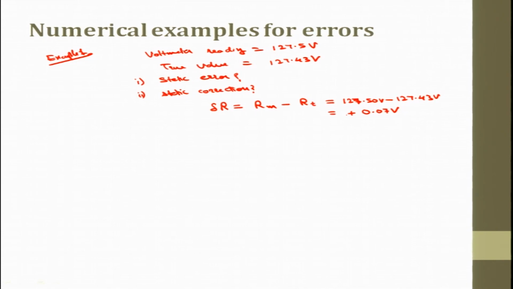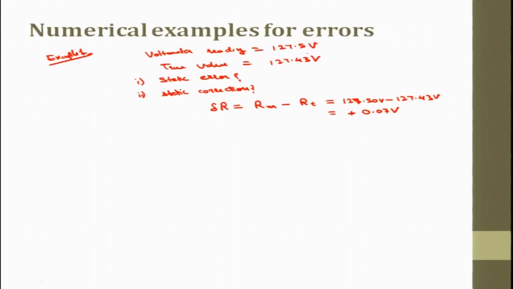And when we need to add the correction factor, it is whatever the value comes. So when we need to work on the static correction, it is subtracted from the mean value, because it is a positive sign, it is subtracted. You can see that voltmeter reading is greater than the true value. So I have put positive sign here.